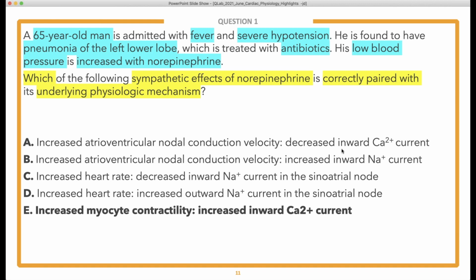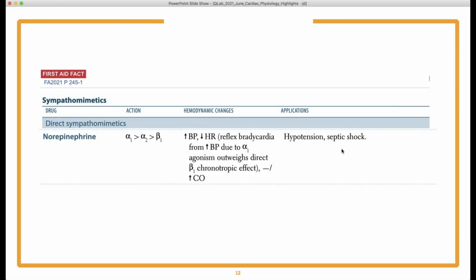On the next slide, Sean has gone ahead and pulled up an important table from First Aid talking about sympathomimetics, okay? So we see here that norepinephrine activates a few receptors: alpha-1, alpha-2, and beta-1. Now, specifically talking about beta-1 receptors, it activates that, and through G protein activation, eventually leads to increased cAMP.